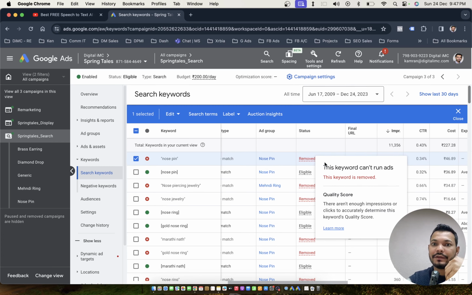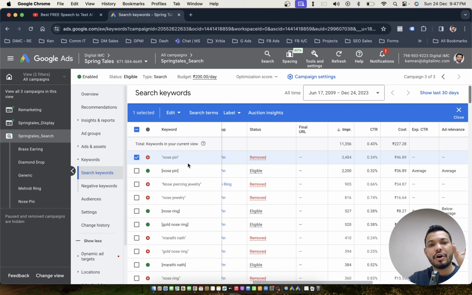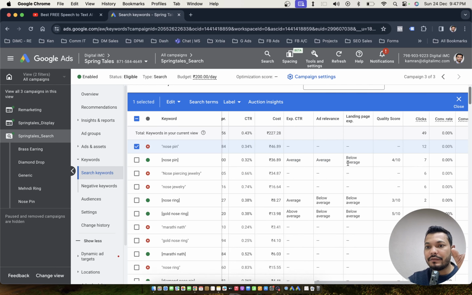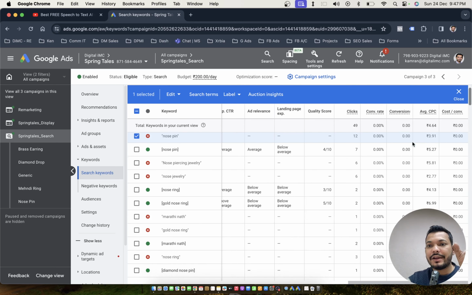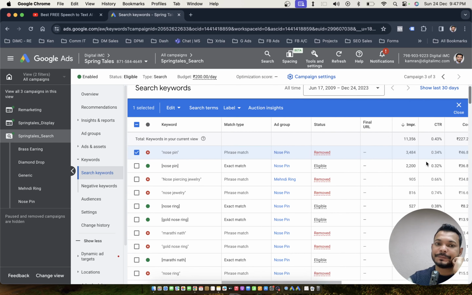But if we still have the data against this keyword, we can still see that this keyword nose pin has shown my ad to 3,484 people, which is the total number of impressions, received 12 clicks at the cost of 3.91 per click. And then we talk about what the queries are, like what people actually typed on Google when they saw my ad.